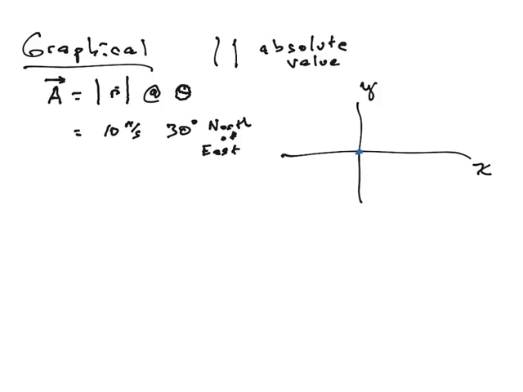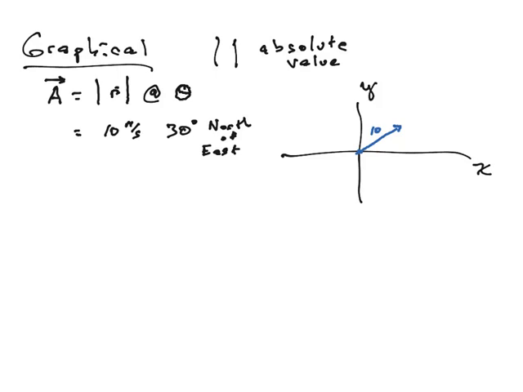Now, of course, in general, we have to do this scaled down. I'm not literally going to draw a 10-meter long arrow. So let's say the length of this arrow here is representing 10. So maybe it's 10 centimeters or 10 millimeters or whatever it is, but it represents 10 meters per second.